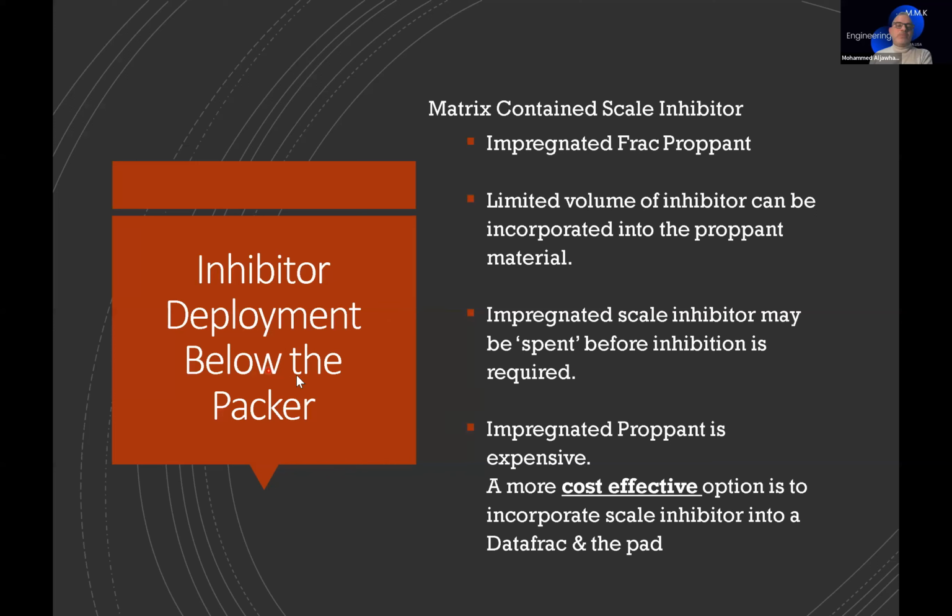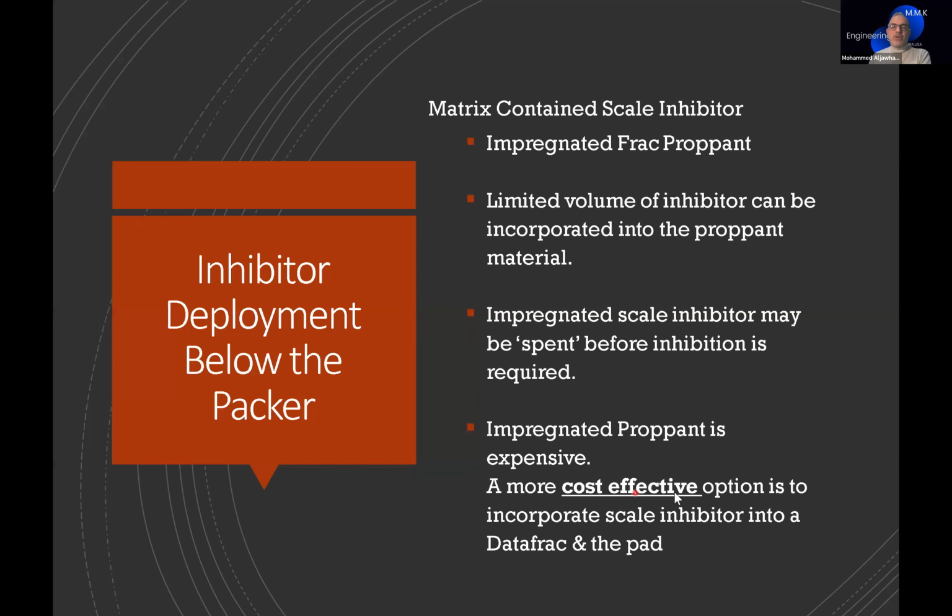If we deploy below the packer, there is matrix-contained scale inhibitor. So it's integrated fracture prevention, and a limited volume of inhibitor can be incorporated into the proppant material. Integrated scale inhibitor may be spent before inhibition is required. Impregnated propellant is expensive, so it's an expensive way.